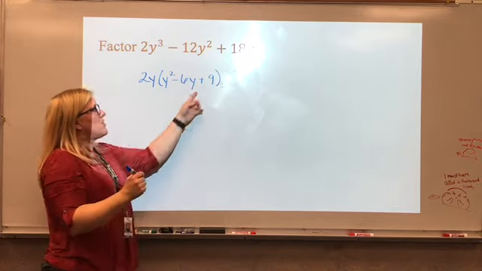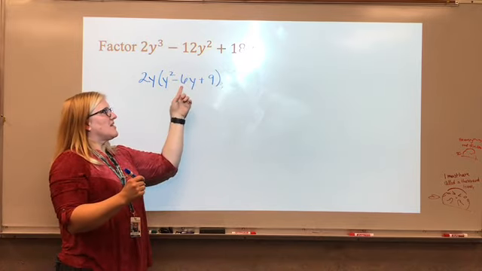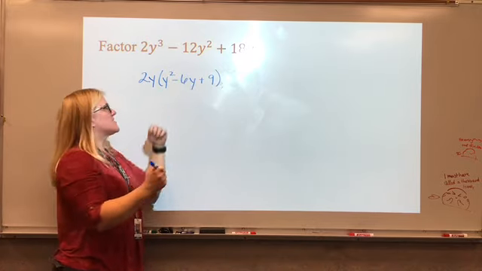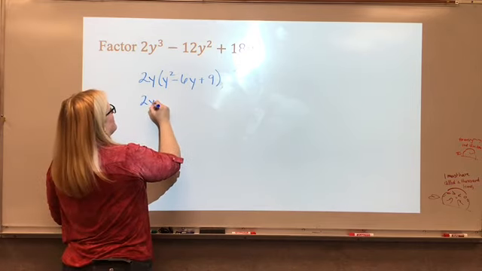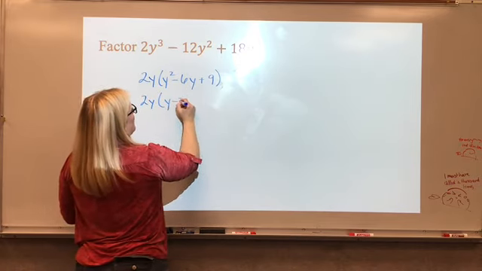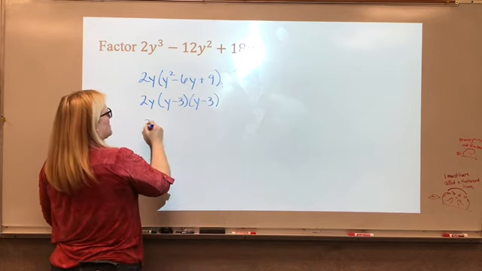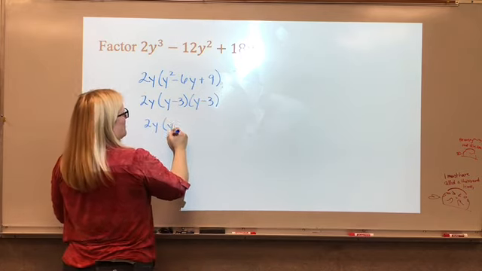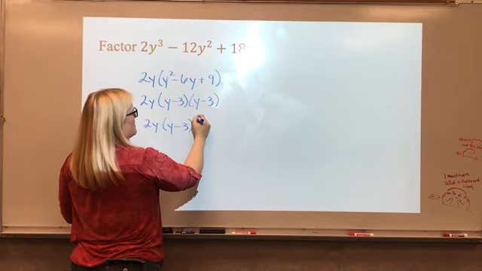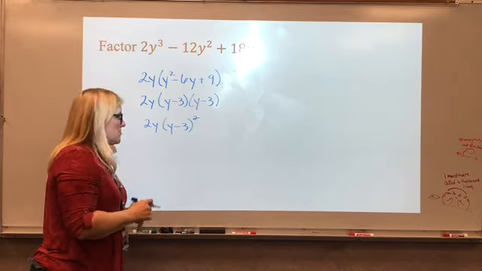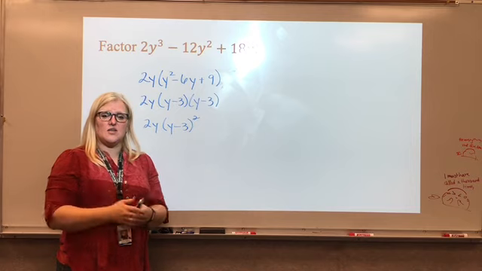All right, so what multiplies to give me 9 that adds to give me negative 6? y minus 3 times y minus 3. So I would write this 2y times y minus 3 squared. So that's kind of similar to the last one. Okay, we'll continue in the next video.